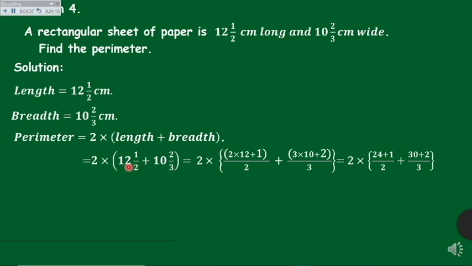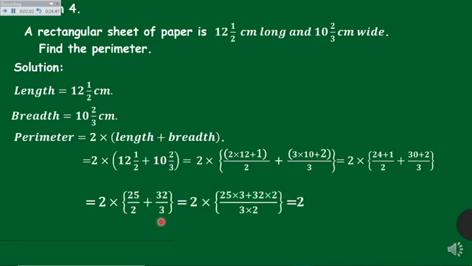First multiply the denominator of the fraction with the whole number, then add 1. Okay, here also multiply the denominator of the fraction, then add 2, and the result you will get is 2 multiplied by 25 upon 2 plus 32 upon 3.